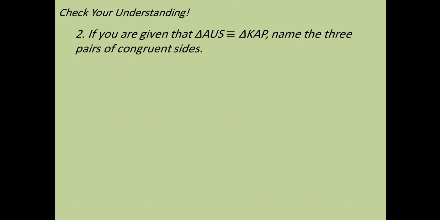If you are given that triangle AUS is congruent to triangle KAP, name the three pairs of congruent sides. Okay, AU congruent to KA. We will write the line segment sign: AU congruent to the line segment KA.